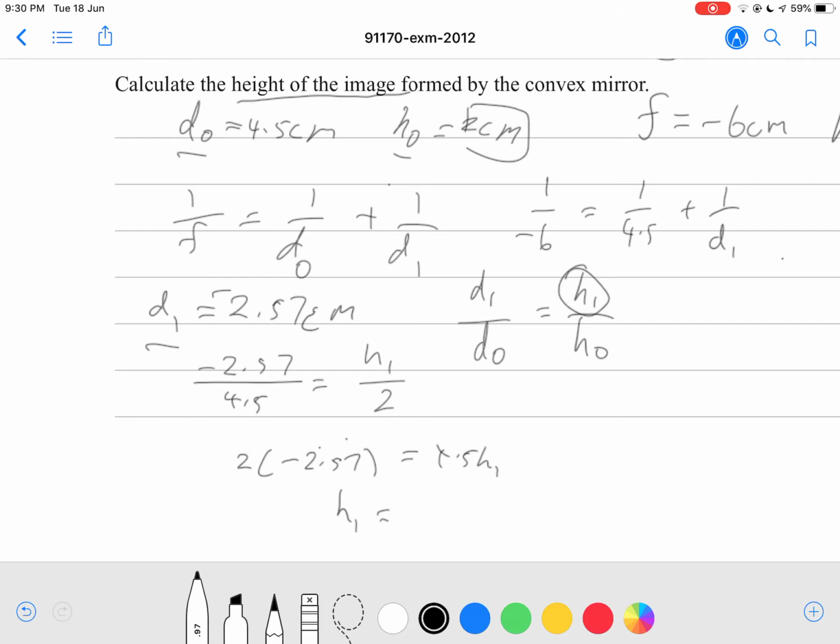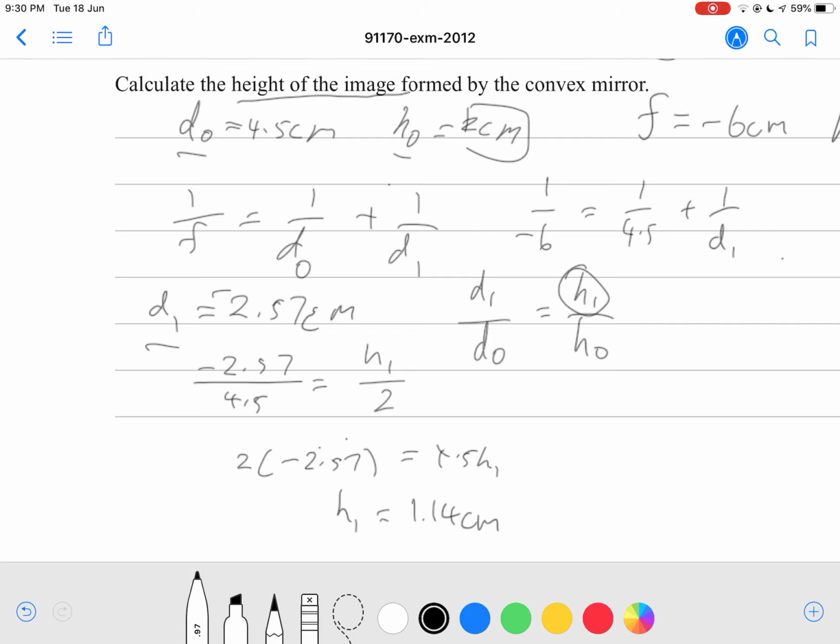It comes out to be 1.14 centimeters. So our HI should come out to be 1.14 centimeters.